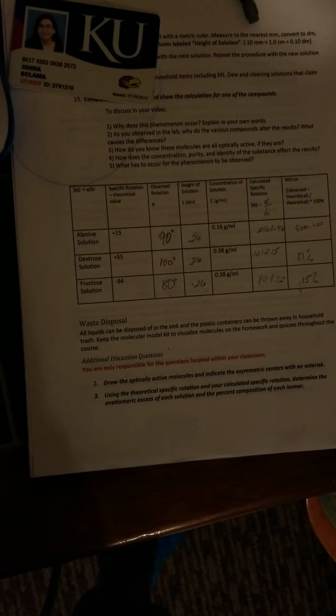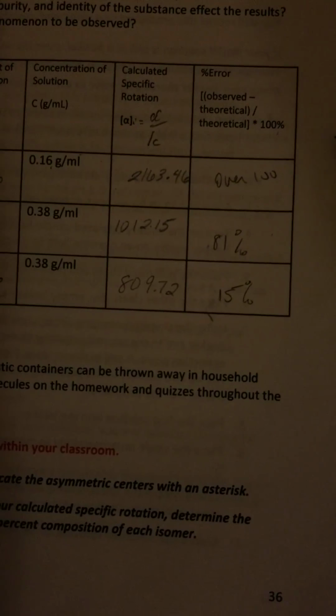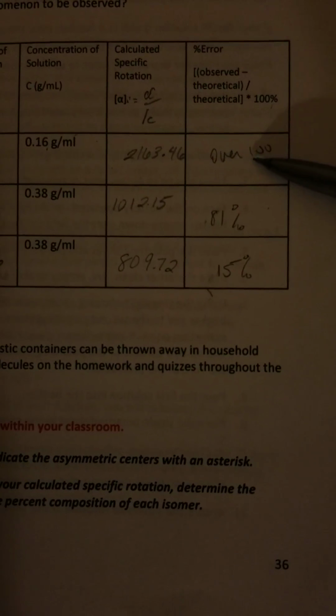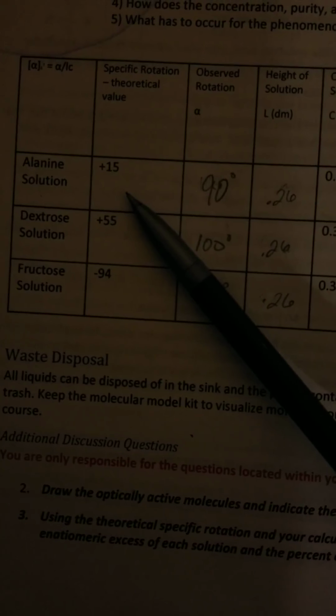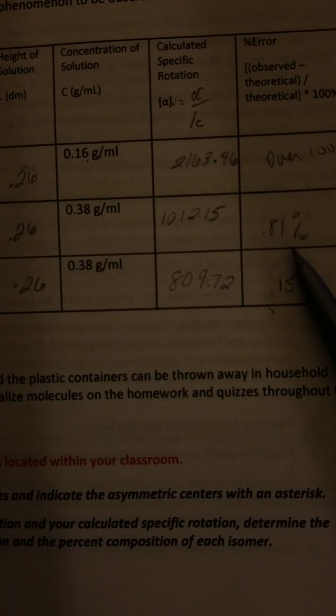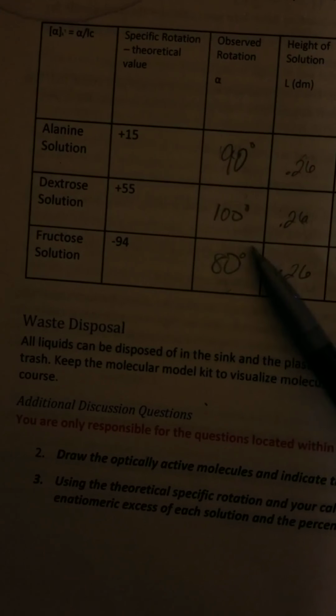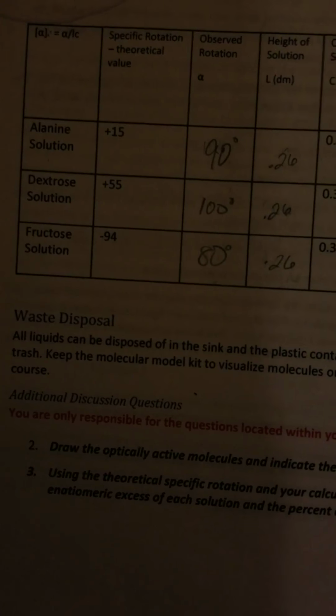Now I have calculated the percent error. I got crazy high numbers for this one, so I'm just going to say I was completely off since the rotations are very different from each other. Here we had an 81% difference and a 15% difference. Since these numbers are pretty close and these aren't, I guess, too bad.